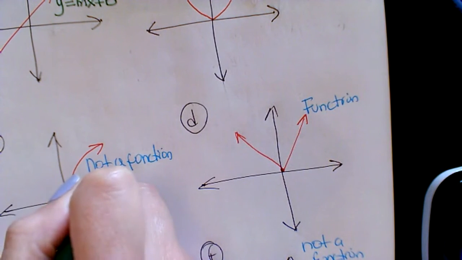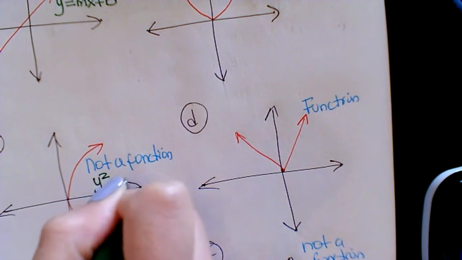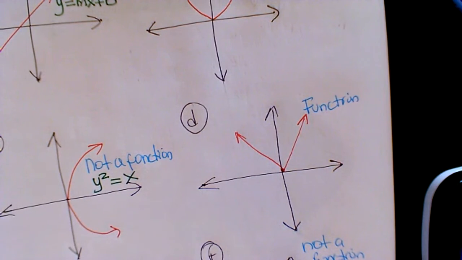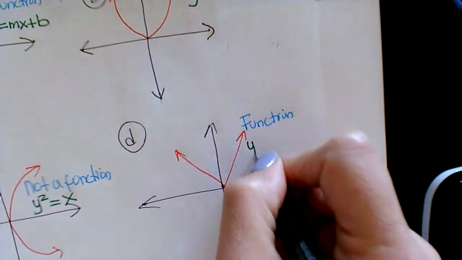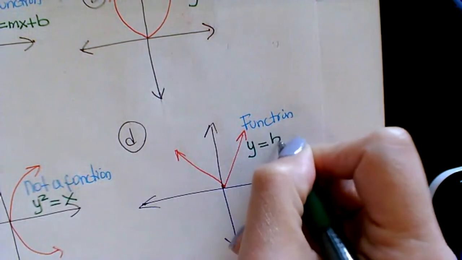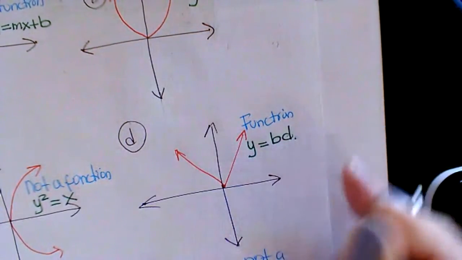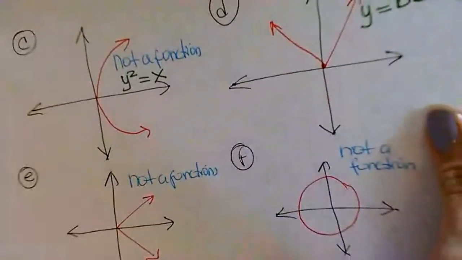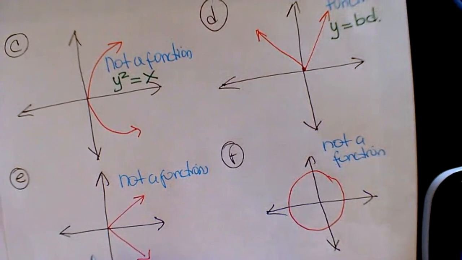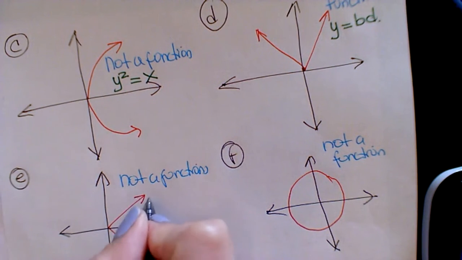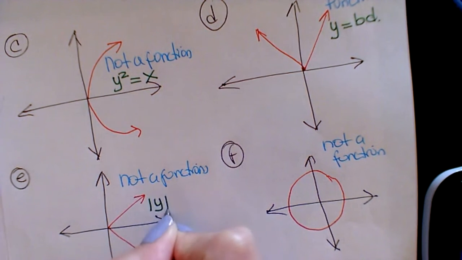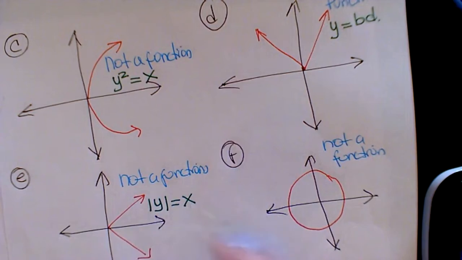It's going to be y squared equals x. And this one is the absolute value of y equals x.